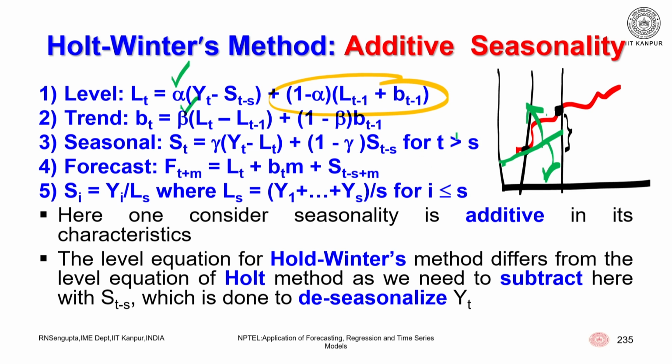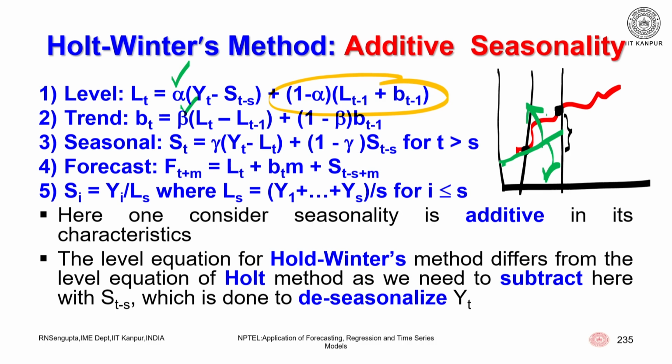And obviously, remember t is greater than s, because the factor of seasonality is there in the past. I am trying to pick up the information from there and forecast for the next time period, depending on the trend and the level we already have.